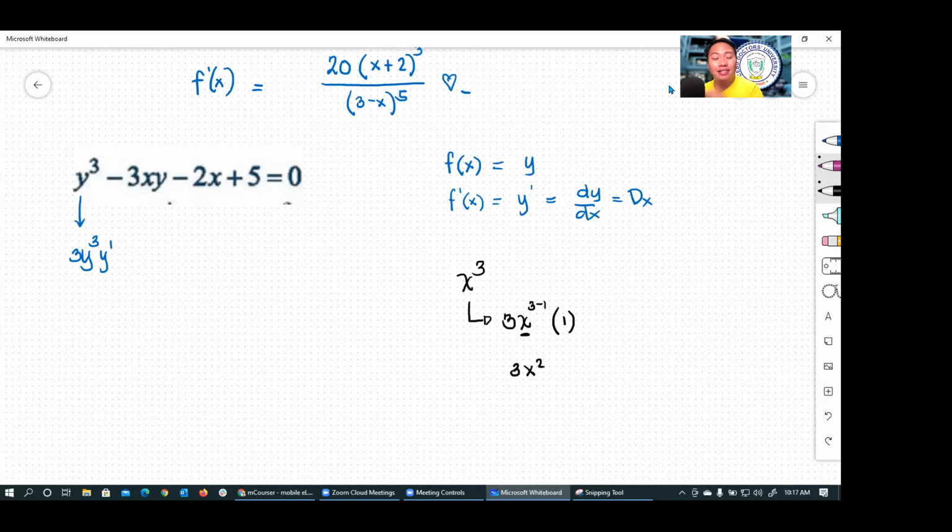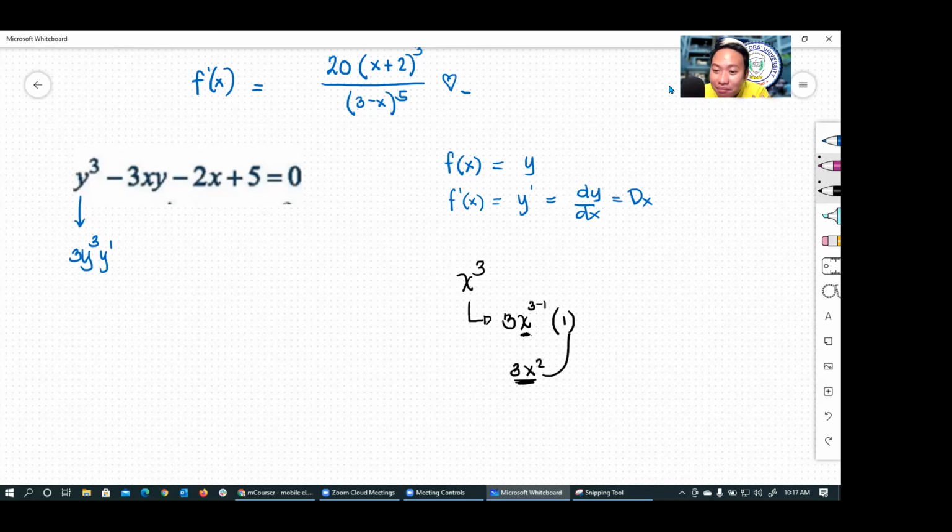So basically, guys, in the previous examples we are already doing the chain rule at the back end. It just so happens that the derivative of x is 1, so we only wrote 3x squared, because when we multiply 3x squared by 1, it is just 3x squared. Do you agree?